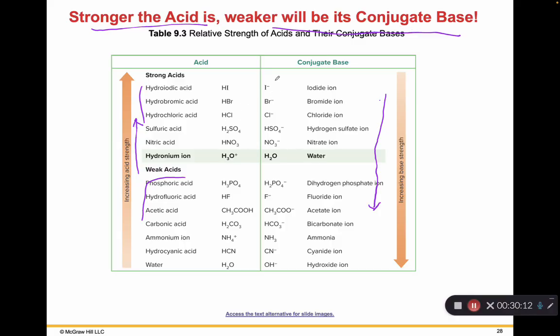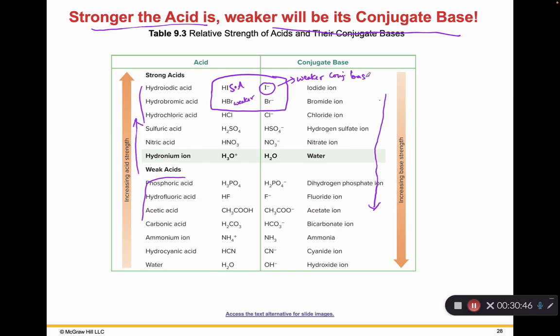Let's say we compare HI and HBr. According to this chart, HI is the stronger acid, right? Because the strength is going up. Comparatively, HBr is a weaker one, weaker than HI. Then the iodide ion will be the weaker conjugate base.